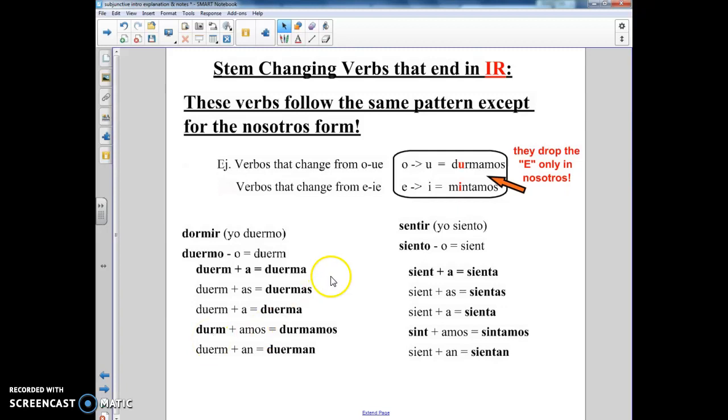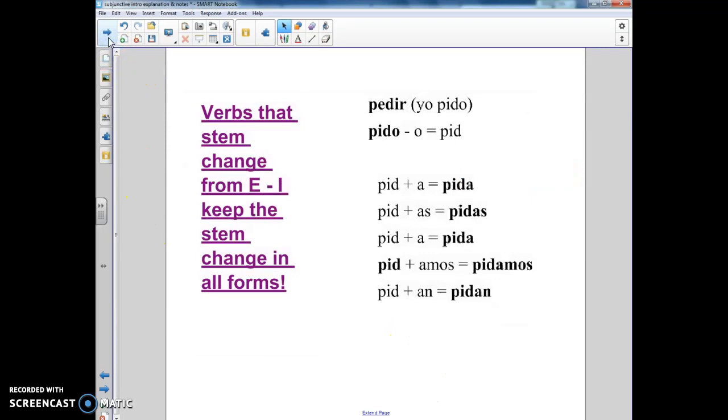And then IR verbs that are E to IE verbs are going to change E to IE everywhere except for nosotros, where they change E to I. Okay, so they drop the E only in the nosotros form. So you'll notice durmamos and sintamos. Okay, and then verbs that stem change from E to I keep the stem change in all forms. So you'll notice we're still doing that E to I change everywhere.